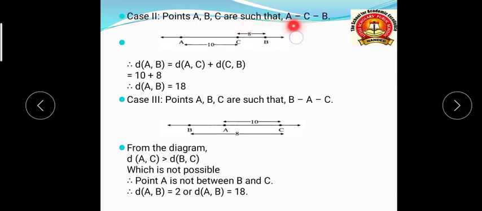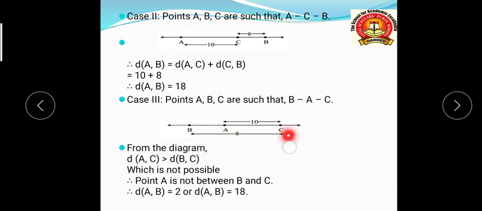Second possibility, I am taking that C is a point in between A and B. Now AC is 10, CB is 8 and therefore AB is equal to 18. And when they are asking such a question in an exam, in the exam also you have to write all the possibilities. Next, maybe A is in between and therefore BA total is 8, AC is 10.